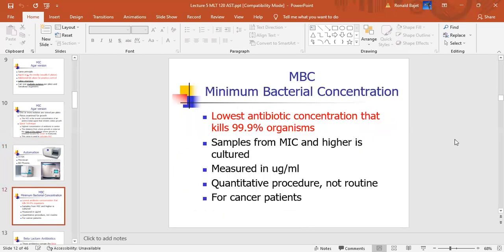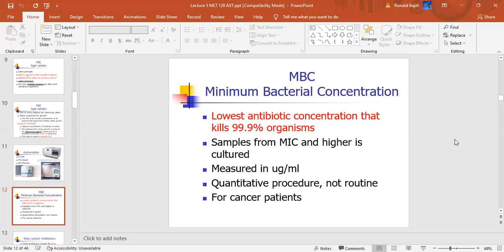Okay, so this is the MIC, right? MIC by definition is the lowest concentration of antibiotic that will visually inhibit growth. So MIC is based on a visual observation.